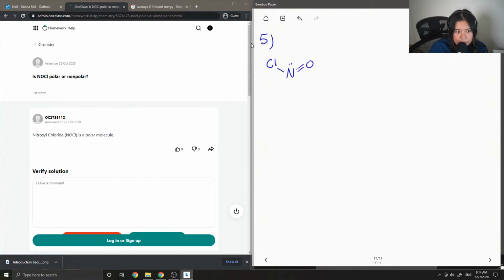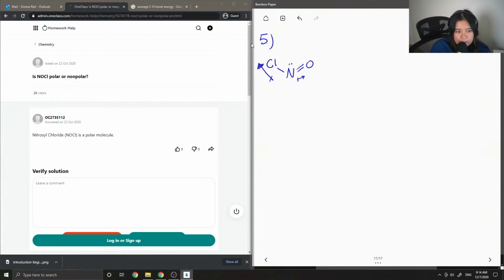Let's recall the electronegativities of all of these atoms. Chlorine is the most electronegative, so we'll see a dipole moment pulling in the direction of the chlorine atom. And this is unequal because chlorine is more electronegative than the oxygen.